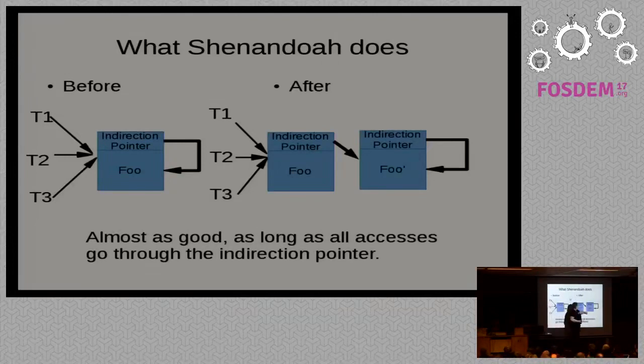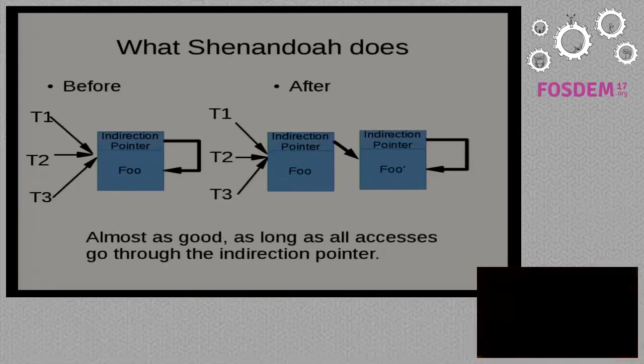The garbage collector comes along, it makes a speculative copy of foo, and it does a CAS to change the indirection pointer to point to foo prime. So anytime anybody accesses this object, before the CAS, they get the old copy, and after the CAS, they get the new copy. And it doesn't matter whether they're in another thread stack or they're somewhere deep in the heap, they're always going to have the current copy of foo.